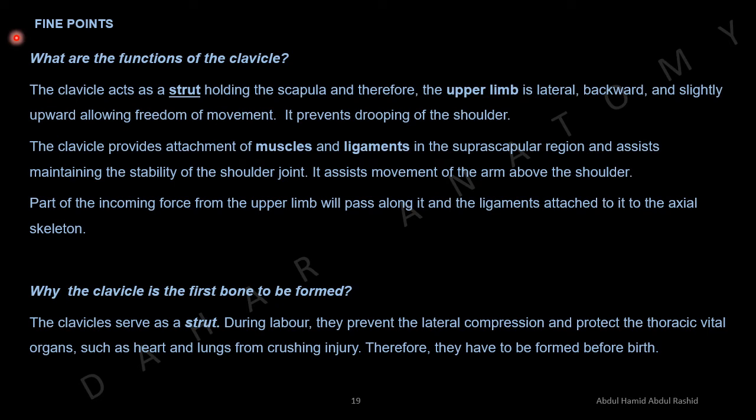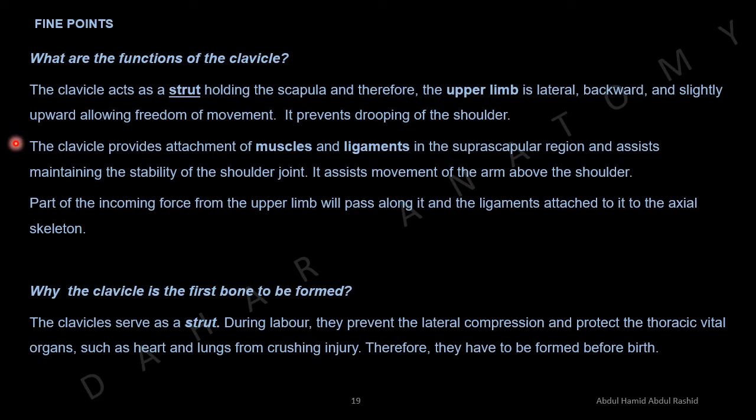Fine points. What are the functions of the clavicle? The clavicle acts as a strut, holding the scapula, and therefore the upper limb, laterally, backwards, and slightly upwards, allowing freedom of movement. It prevents drooping of the shoulder.